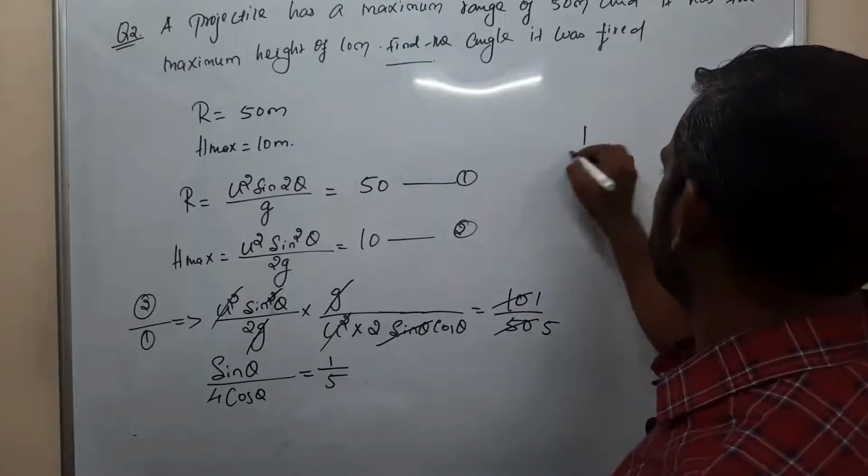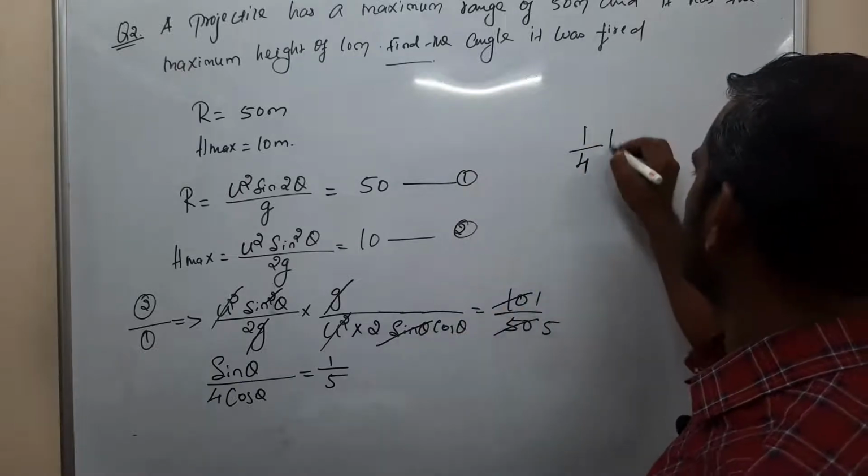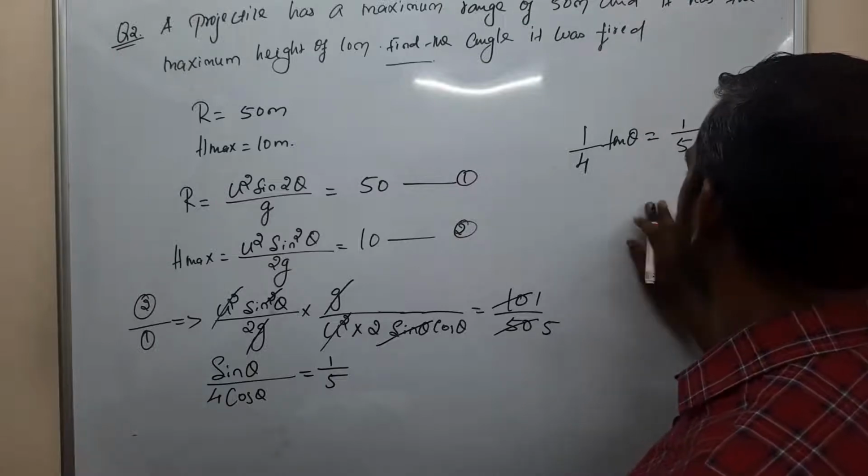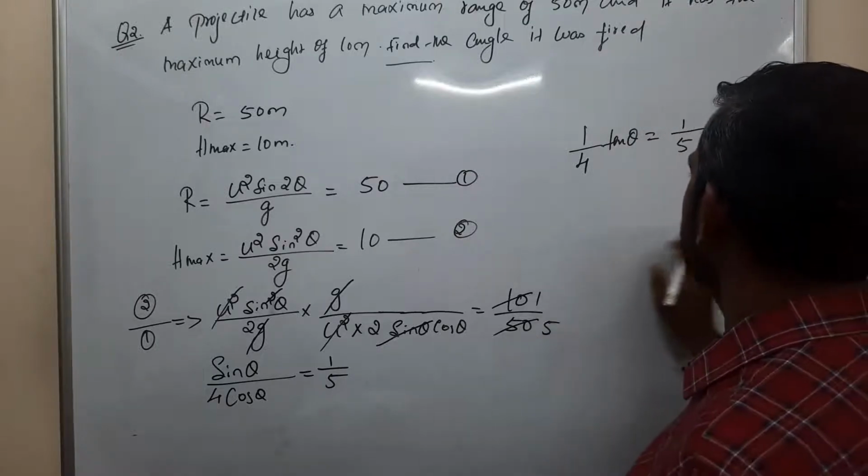So 1 by 4, sin theta by cos theta, tan theta is equal to 1 divided by 5.